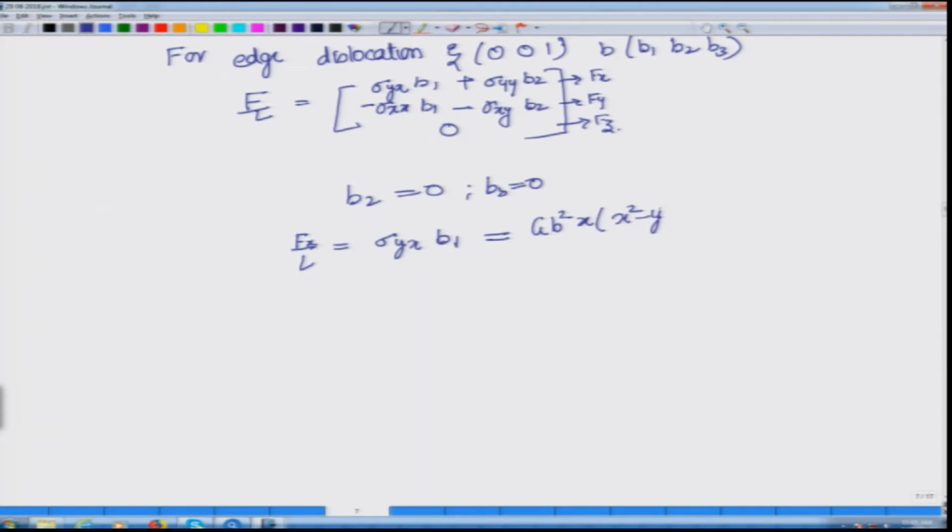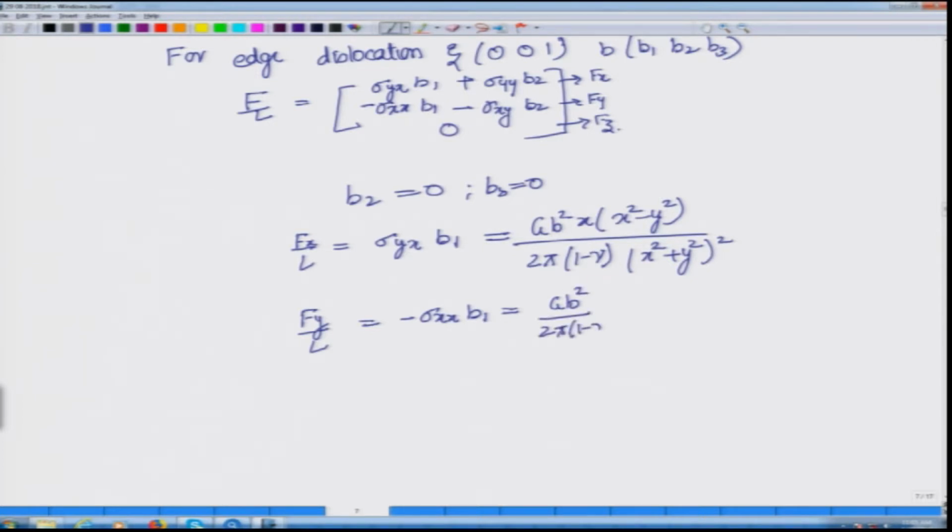Therefore, it turns out to be x square minus y square and you can also find, so, this is the f x per unit length, that is the glide force.